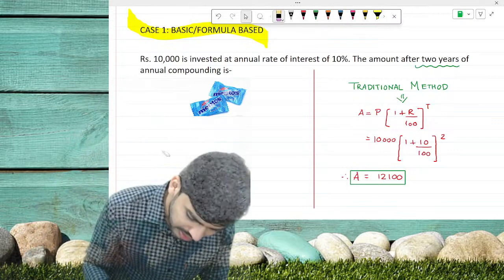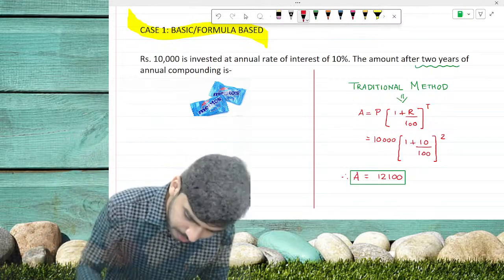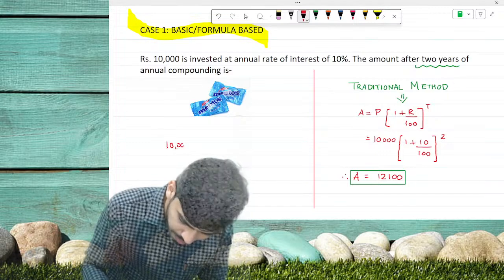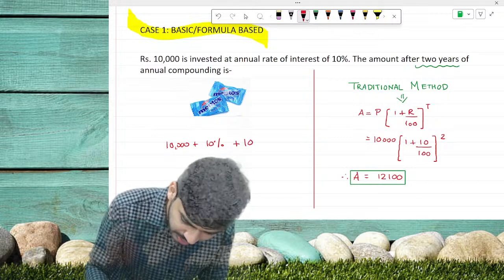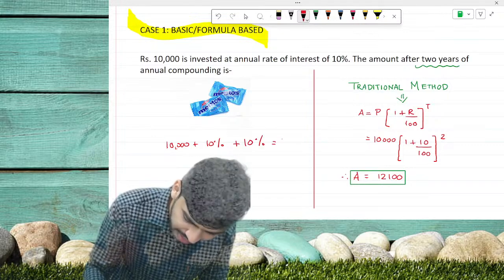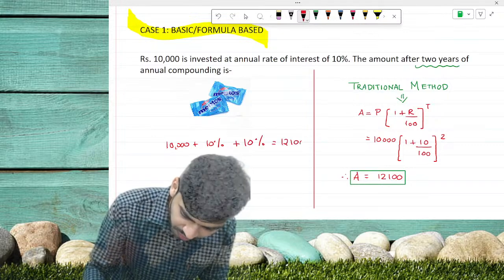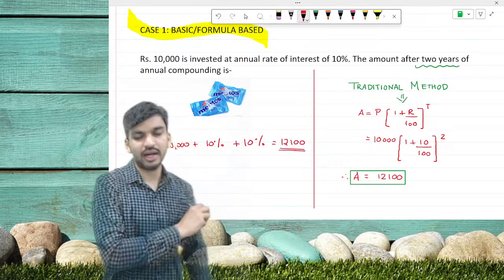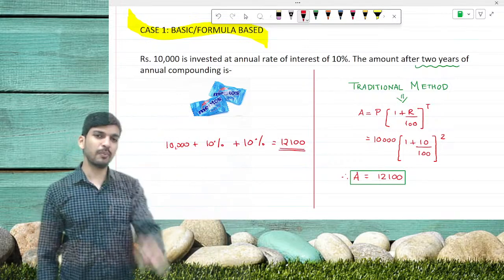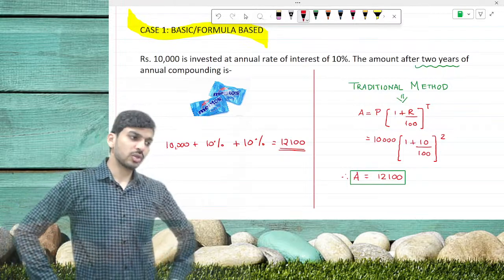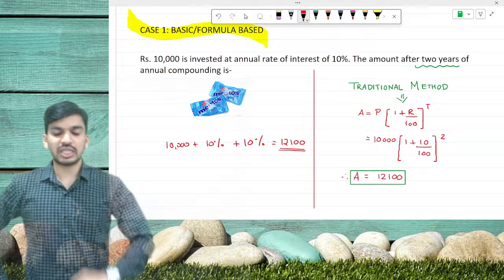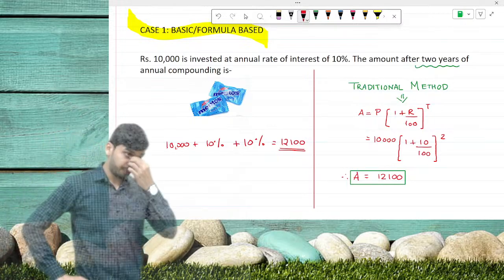So what we have done is, it is 10,000 plus 10% plus 10%, and our answer comes out to be 12,100. Isn't it the simplest way? Correct? All of you understood this? Yes. So this is the very first case, first category of question.